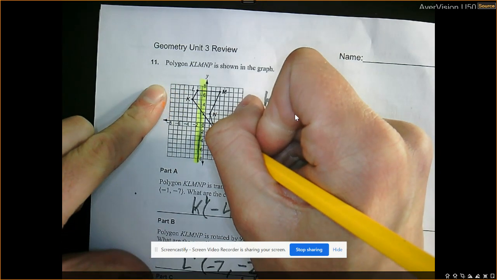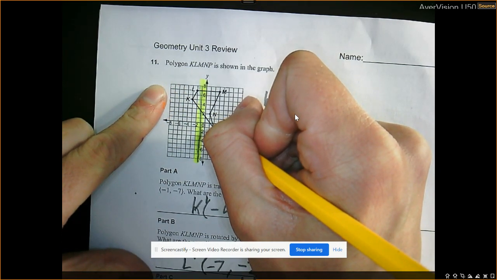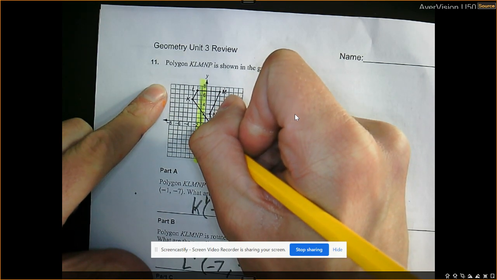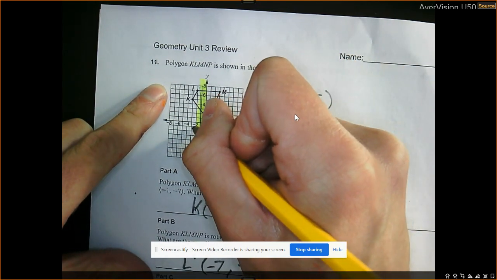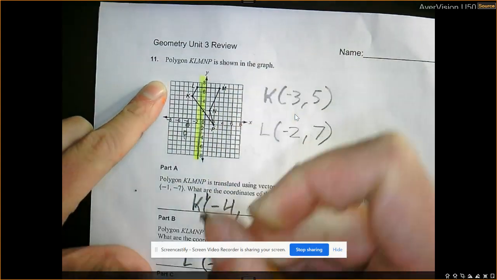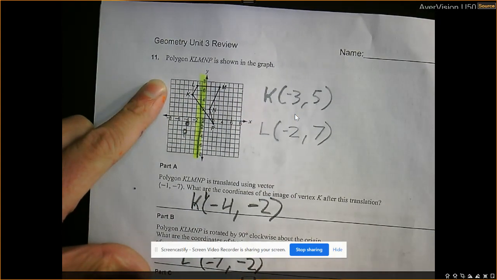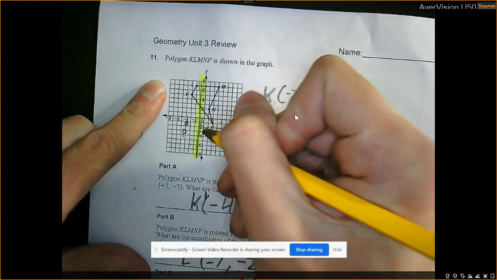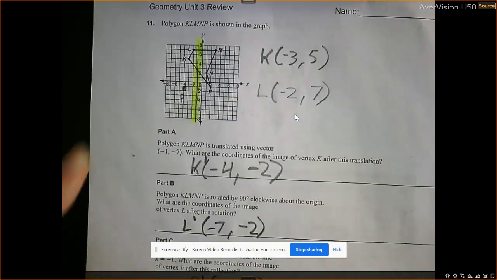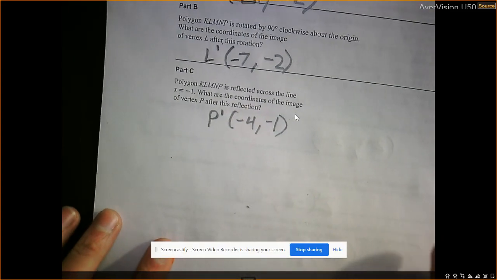And if I'm going to reflect P over that, I have to count how far away it is from that line. 1, 2, 3. It's 3 away, so I go 3 away in the other direction. 1, 2, 3 away. This is going to be my new P after that reflection. So P prime is at (-4, -1). And you can't see where I was writing.